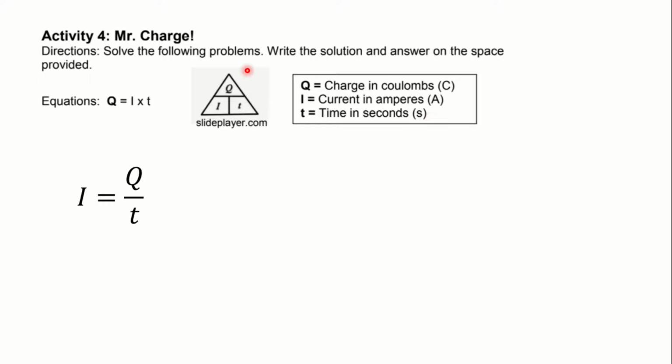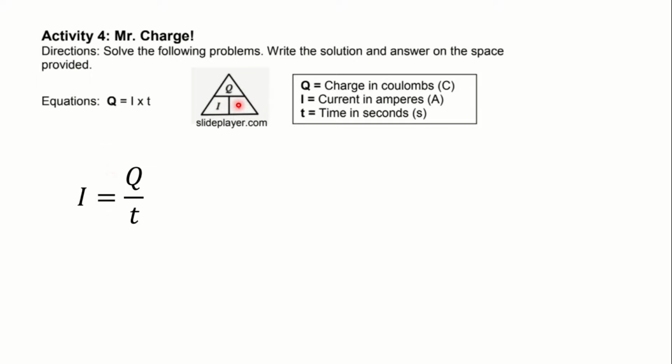You are also given a mnemonic to remember the relationship using this triangle. How do you use this formula triangle? If you are looking for current or I, which is this one, then just cover that part. So you are left with Q that is divided by time. Do you see this one? Q over time. And that's it. That is your equation for current.